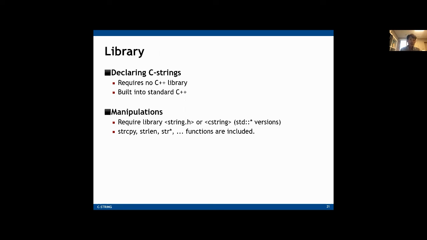In order to use C-strings, you don't need to include any C++ library. It is built into standard C++. But to manipulate C-strings, you may need to include libraries such as string.h and cstring. Still, it is difficult to manipulate C-strings. For example, you have to worry about the null character, not to override it.